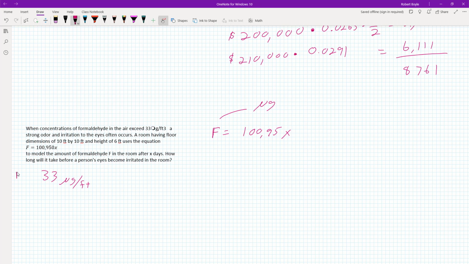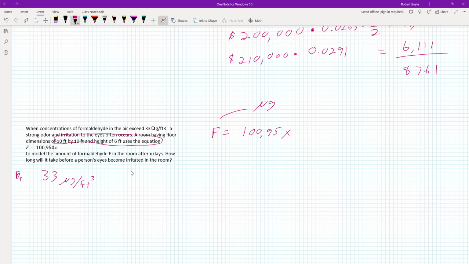That's kind of like our F threshold. But notice that this is a density, and this is in absolute grams. So to solve this equation, we actually have to use this density and our information about the volume of the room to come up with a threshold value for F.